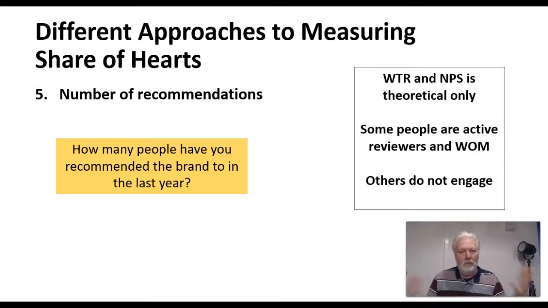As you know, from probably the people you mix with, some people love to jump on and do reviews and comment on social media and like posts and share posts, etc. And there are other people that just do not do that at all. So it is pointless to some degree asking willingness to recommend and Net Promoter Score of indifferent people. Okay, because they're never going to really trigger a recommendation.